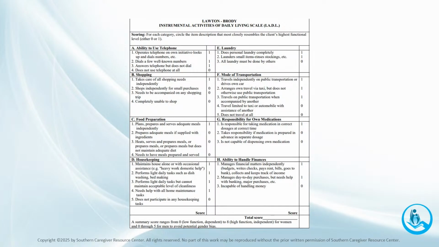Dials a few well-known numbers, answers telephone but does not dial, or does not use the telephone at all. So basically you would go through each of these, circle the one that is appropriate, and then add it all up at the end.